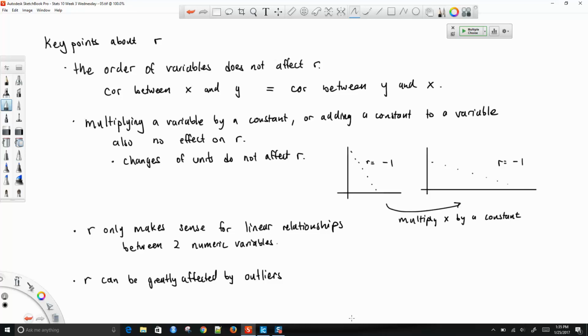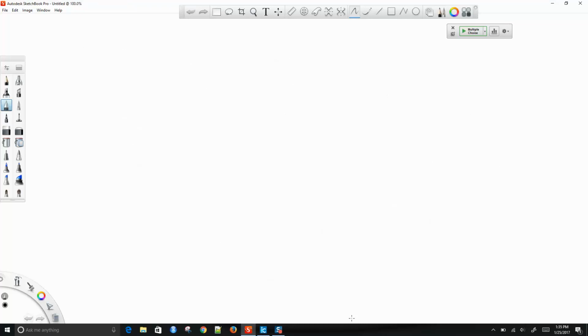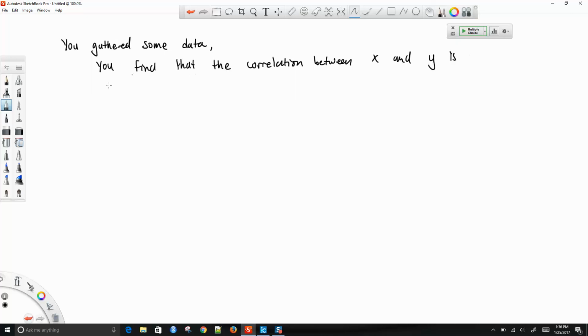Let me give you another question here. You gathered some data, and you find that the correlation between x and y is equal to 0.95.